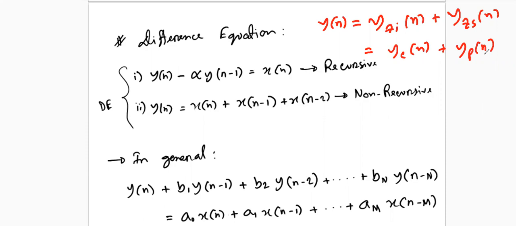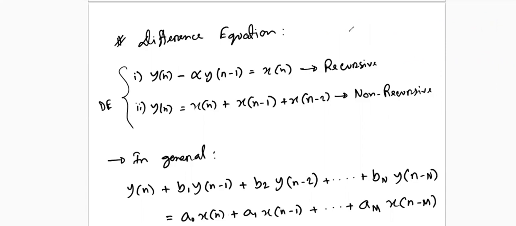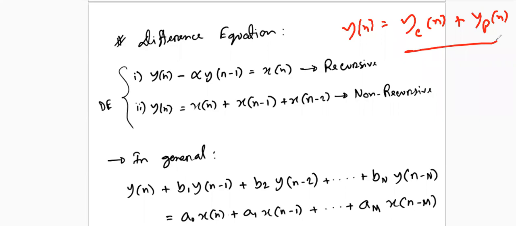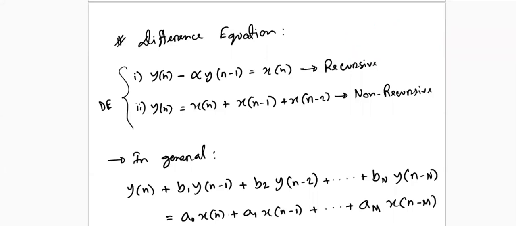The process is almost the same, but there are some differences. So here I am using this format, where I'm using the complementary solution and then the particular solution. After finding those solutions, we add those together, and we find the coefficients by putting in the initial conditions. Okay, let me start the process.